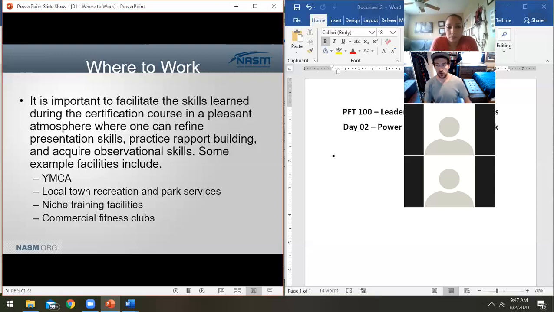If you go to a TRX studio, that's the suspension strap that you'll see people use. Even things like yoga. Yoga is a niche within the health and wellness community. So there are places to work like that.